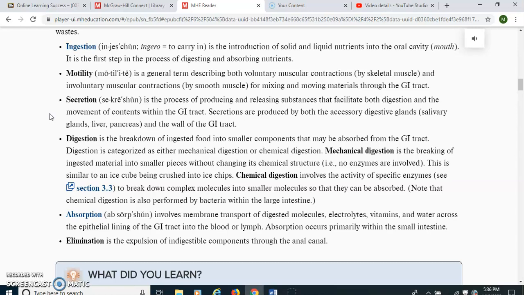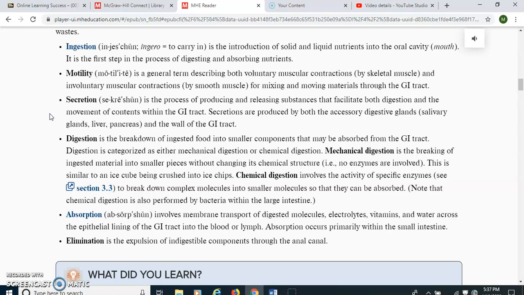Digestion is just the breakdown of the material that we ingest. Now, there's 2 ways that our digestive system is going to break down the material that we ingest, the food and drink. The first way, and the thing that happens first, is the physical, also called mechanical digestion or breakdown.